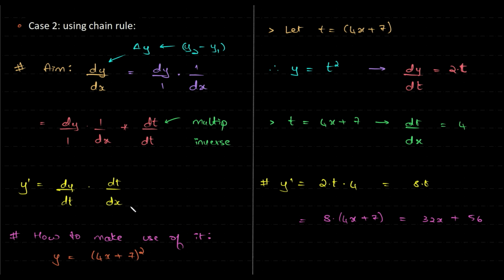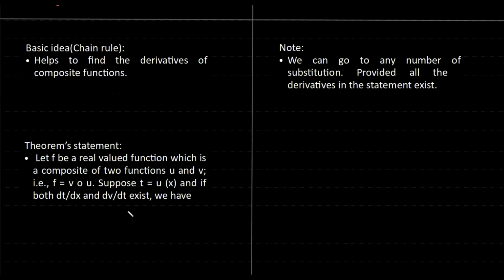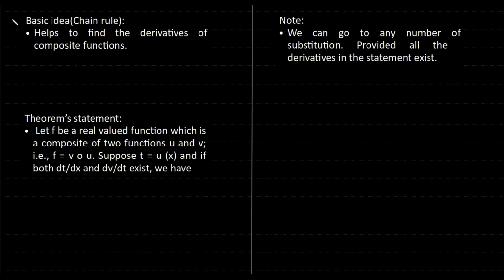So this is the entire funda. That is, given dy by dx, we can always find it by dy by dt and dt by dx and so forth. So the formal definition is over here. The basic idea is it helps us in finding the derivative of a composite function.